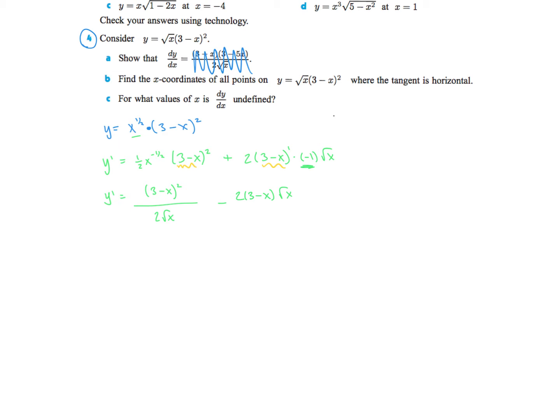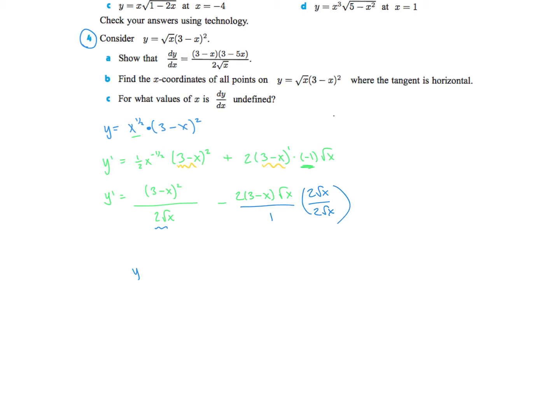Okay, so now we can look at this and we see, oh, they've added these fractions. So to add fractions, we need to have a common denominator. And the common denominator is going to be 2 root x. So I'm going to multiply by 2 root x over 2 root x.